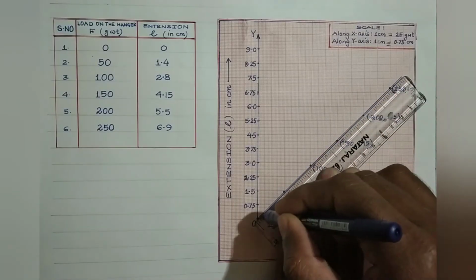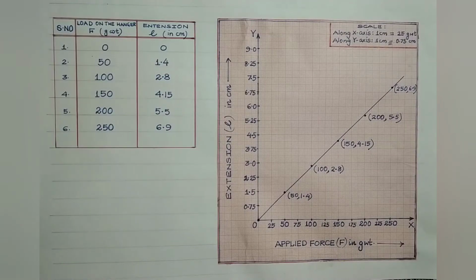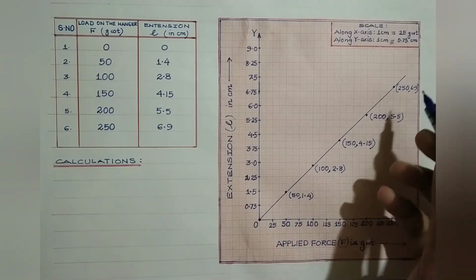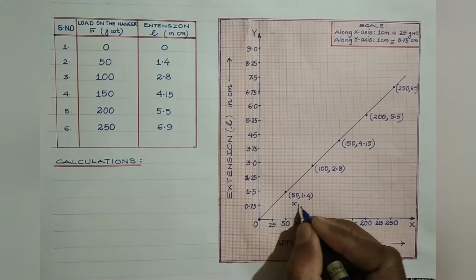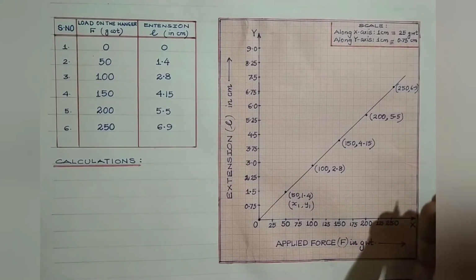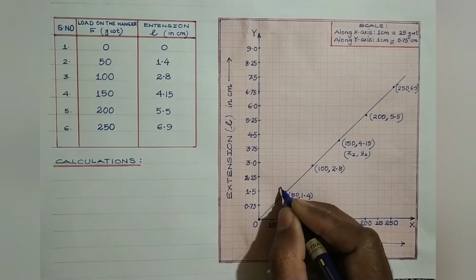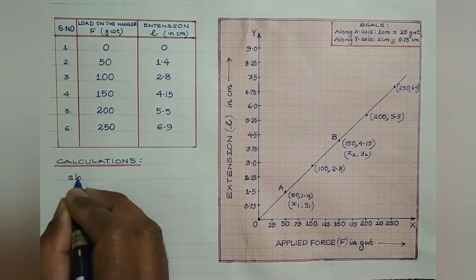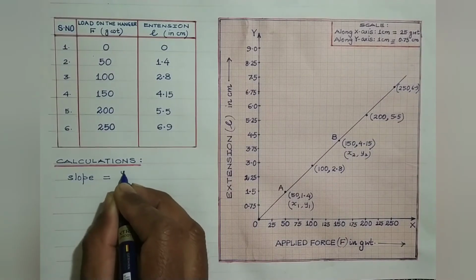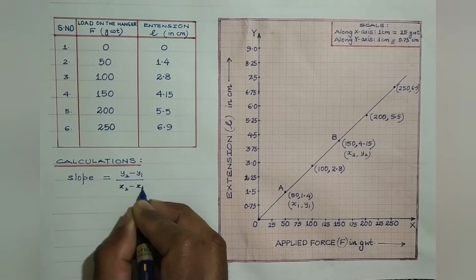And students, as I mentioned earlier, the reciprocal of the slope of this graph will give us the value of spring constant, right? Now let us find out the slope of this particular graph. Let's consider this to be x1, y1, and this point to be x2, y2. So this is point A, this is point B. Now slope of the graph is equal to y2 minus y1 divided by x2 minus x1.